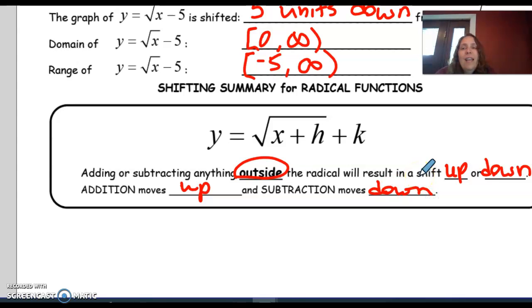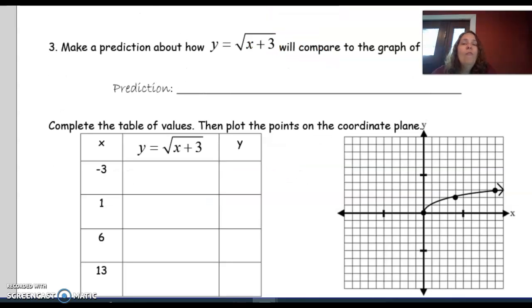Now, before we move on to the next part, you might remember that when we talked about parabolas, Ms. Jostin would say, what lies within lies to you. So any changes that are happening inside the radical actually seem to be opposite. For example, when you have y equals the square root of x plus 3, you see a plus, so you might think, oh, that's getting bigger.